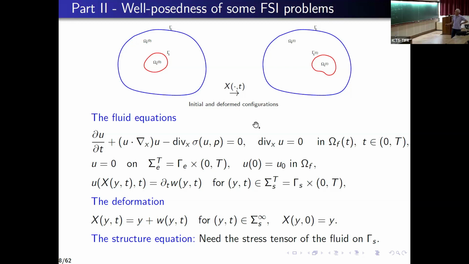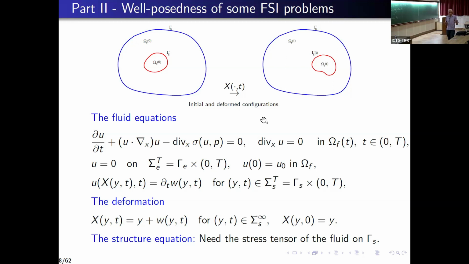But at time t equal to 0, my initial configuration is omega 0. So at time 0, X is the identity. So X of y is the identity. So you see that the y variable here refers to this configuration here, while x refers to this one.